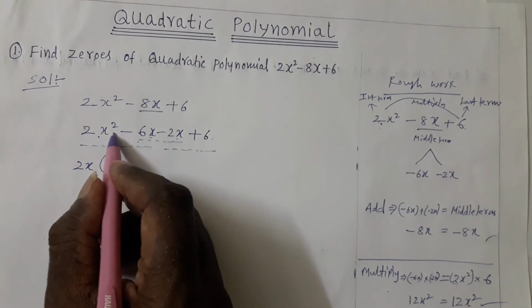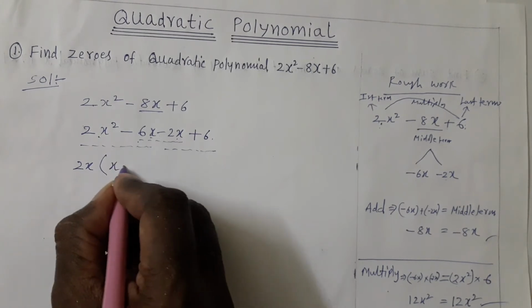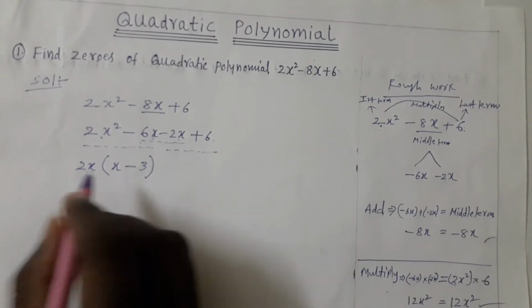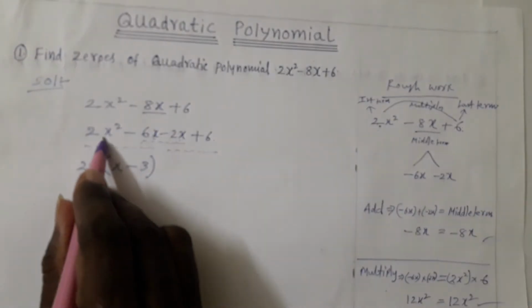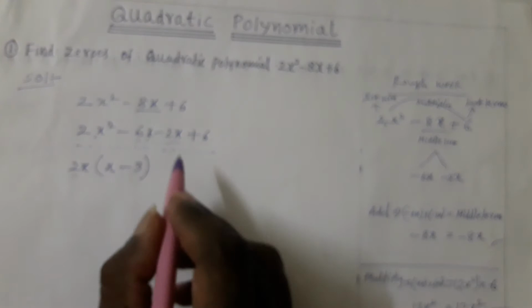Remaining is x; minus 2x common, the remaining is 3. We can check: 2x into x, 2x square, minus 2x into 3, minus 6x.